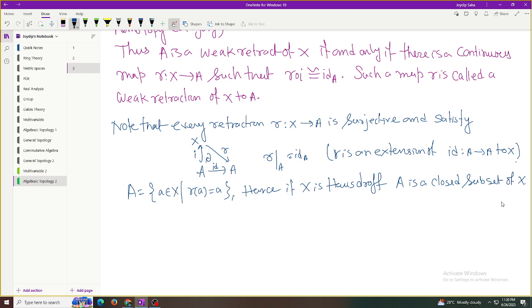But it might happen that X has a bigger subset B which contains A. The codomain of R is A, capital A. Oh, no. Sorry.